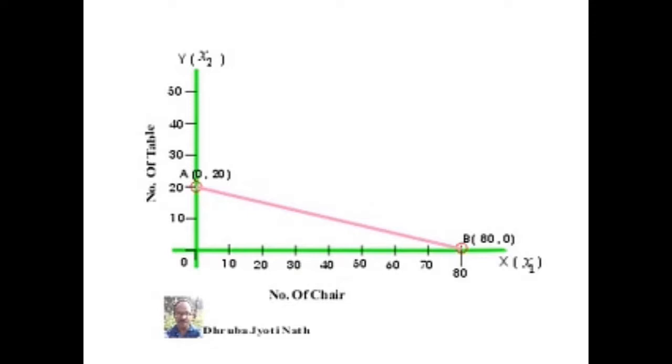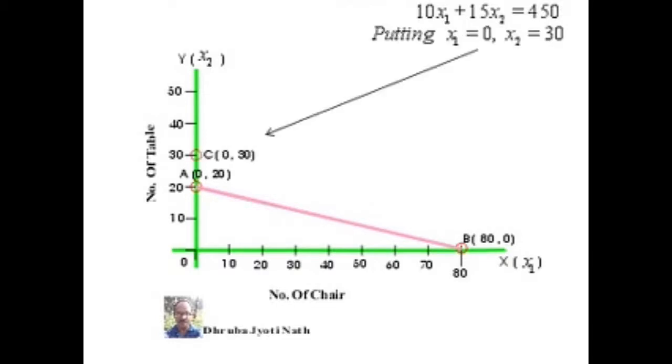constraint line. From the second constraint function, replacing less than sign with equal sign, we have 10x1 plus 15x2 is equal to 450. If we put x1 equal to 0, then we get x2 equal to 30. Therefore, we get the first ordinate C, whose points are x1 equal to 0 and x2 equal to 30.